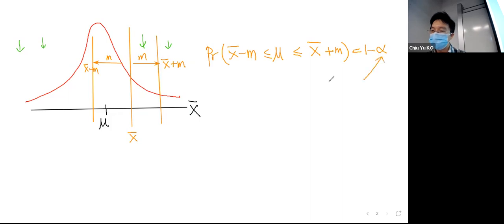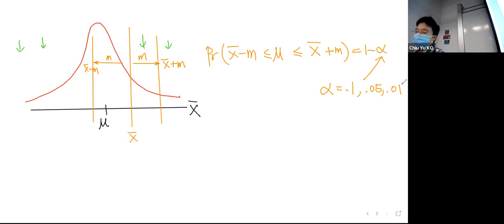Usually alpha is 0.1, 0.05, or 0.01. That means I want a 90% chance, or 95% chance, or 99% chance to include the mu. So with high probability there. That is the main goal.